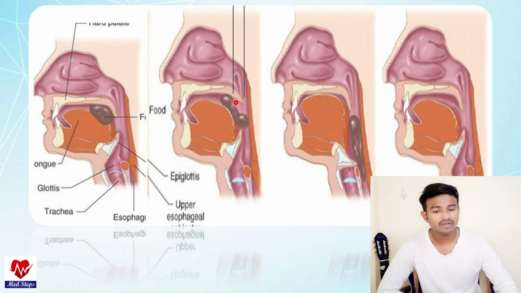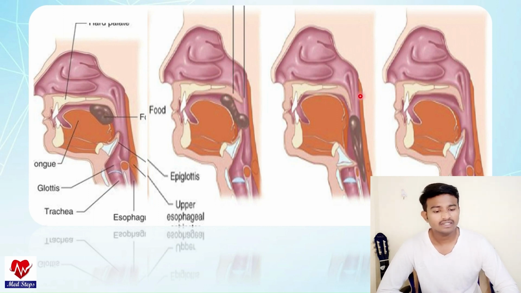In that space there is the soft palate, and the uvula will elevate upward. Why? If the uvula does not elevate, the food will go to the nasopharynx area. That's why the uvula elevates.